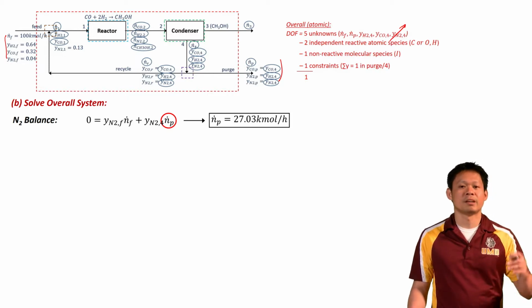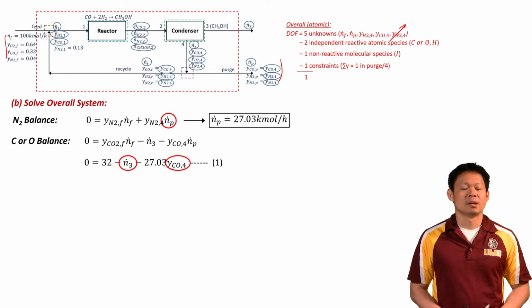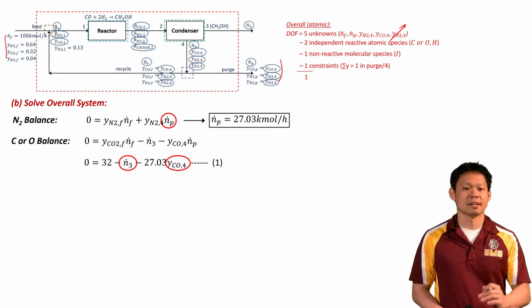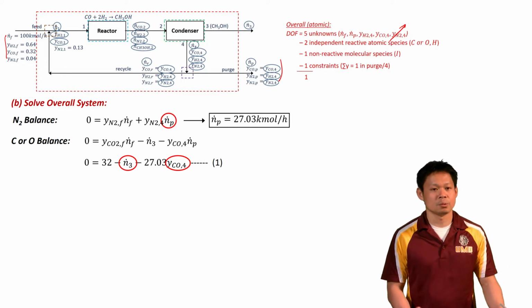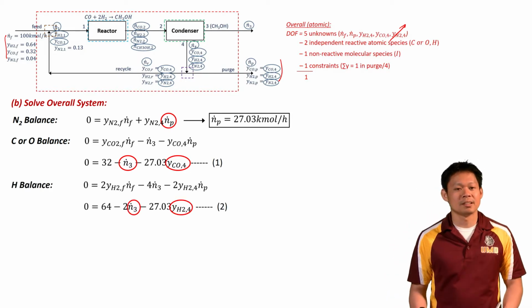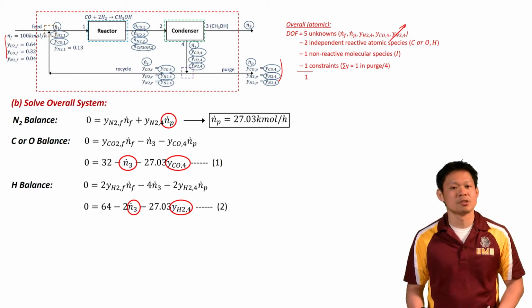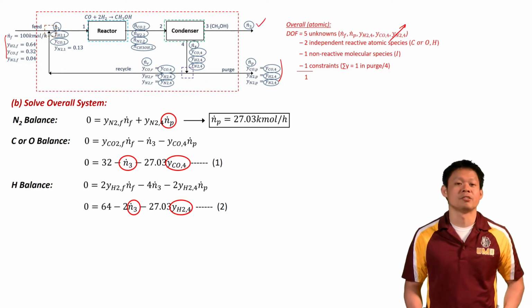Once we have done that, we have our 2 atomic species balances to go. Carbon or oxygen, this is where I'll encourage you to write in terms of carbon, write in terms of oxygen, and convince yourself that you end up with this exact same equation. When you write this equation, we have 2 unknowns in here, so we can't solve for that. Let's do our hydrogen balance. In terms of the hydrogen balance, once again, hydrogen comes in as diatomic hydrogen in the feed, it comes out in methanol, and it comes out as diatomic hydrogen in the purge.